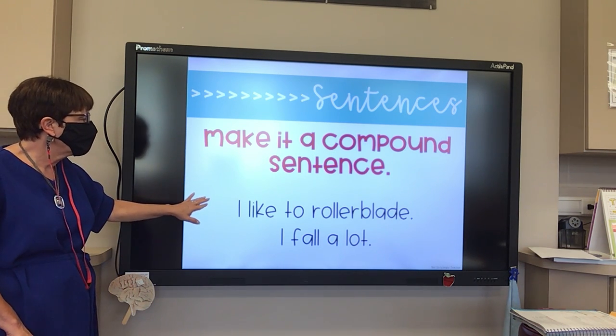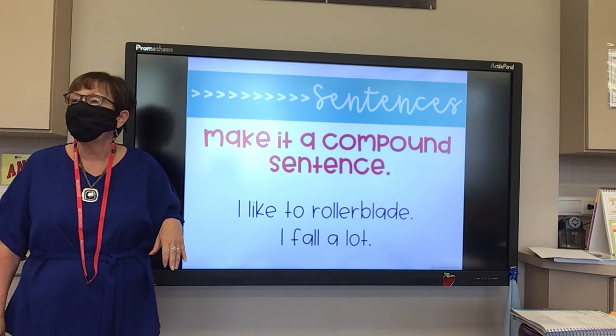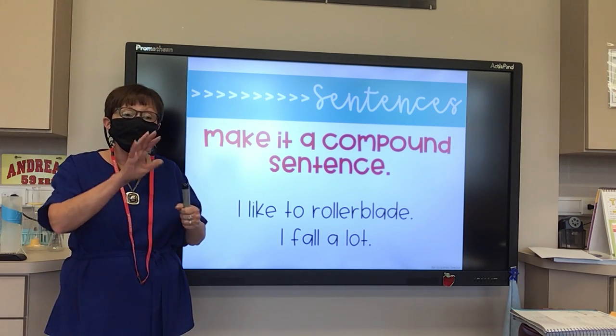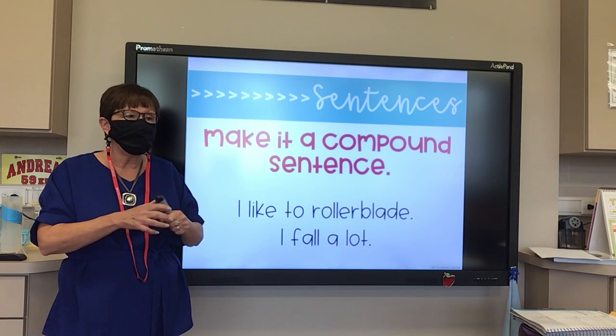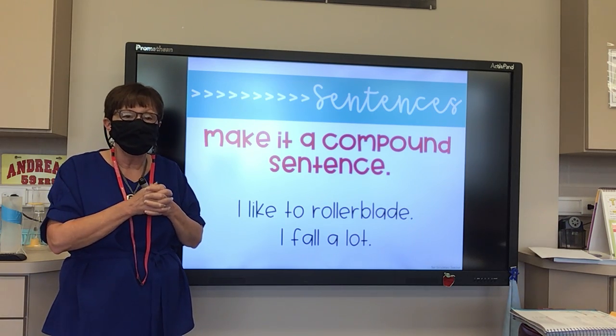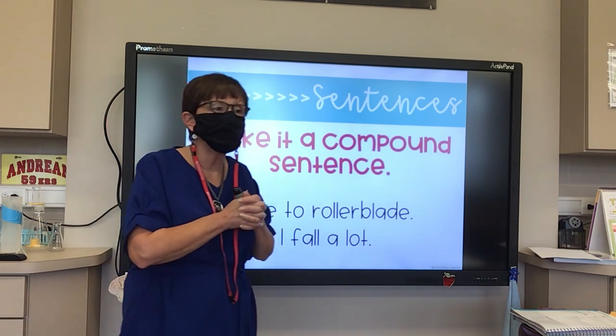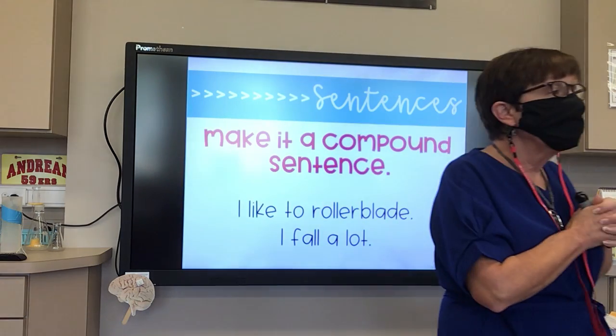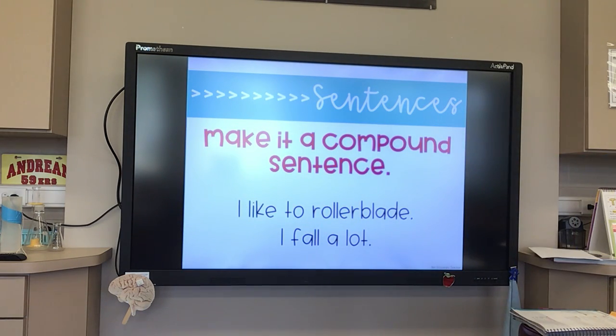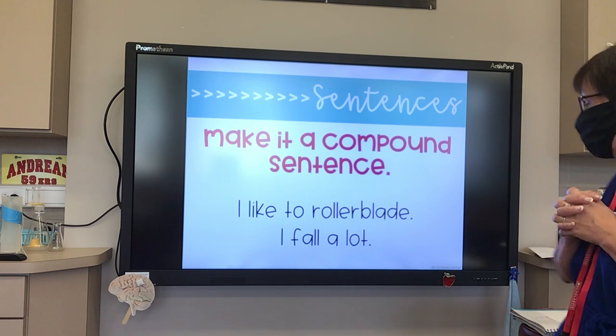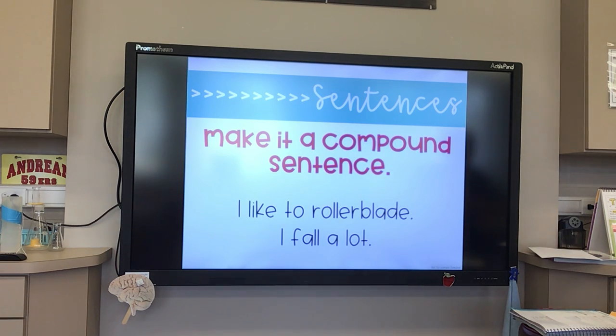I like to rollerblade. I fall a lot. So let's join them. We'll write them on our dry erase boards and see if we can make those into a compound sentence. Remember, we need to have a comma before our conjunction. Our conjunctions will be the words and, or, but, and so. We'll use those words to join our two sentences.